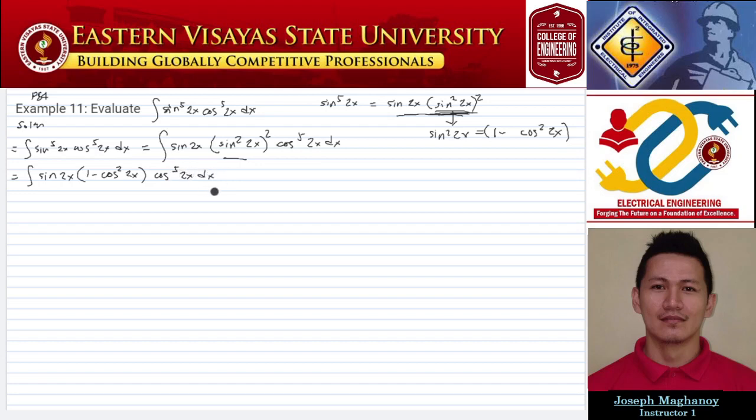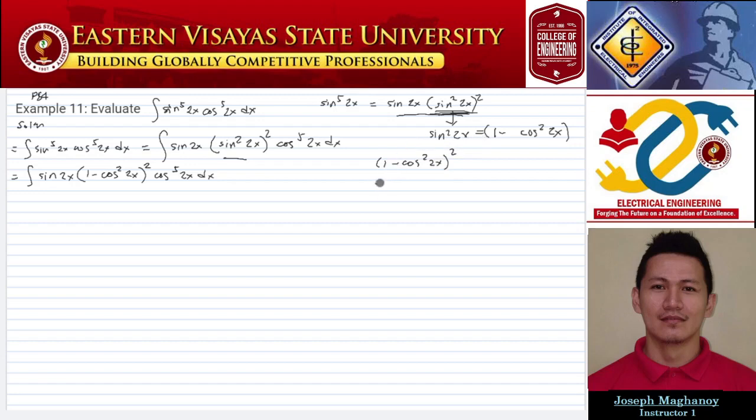So our next step is what? We're going to expand. Remember, this is squared, so that is to the power of 2, so we can expand that binomial. Let's start with expanding our 1 minus cosine squared 2x, squared.